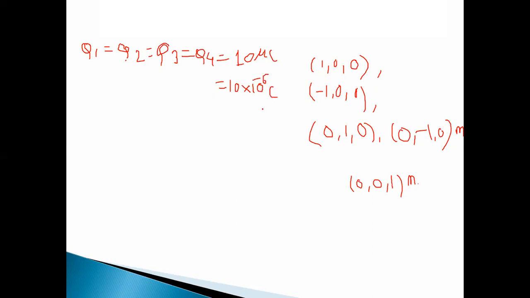So these are placed in free space at these given points, in meter respectively. Charge Q1 is placed at this point, charge Q2 here, charge Q3 here, and charge Q4 here.